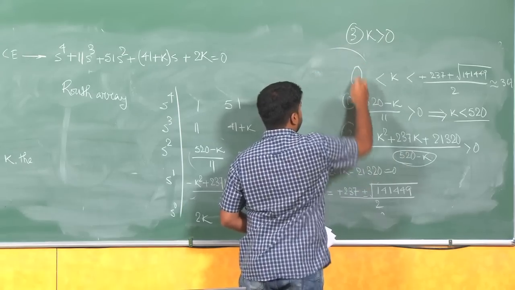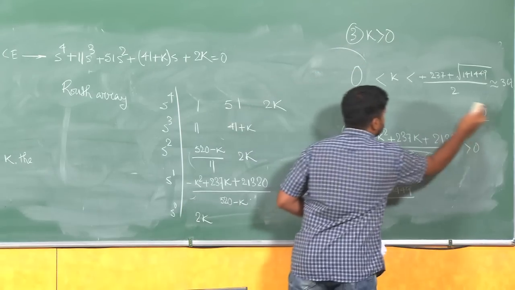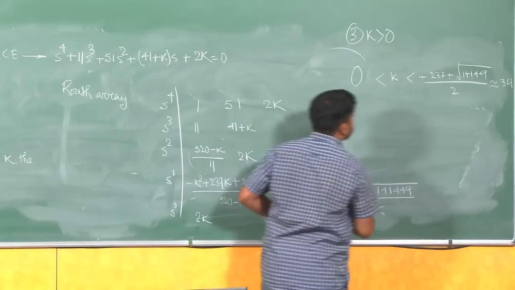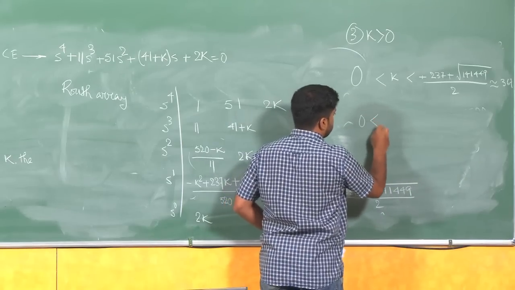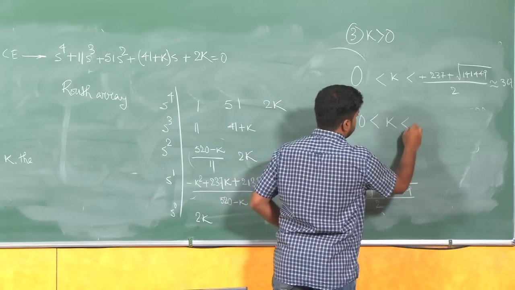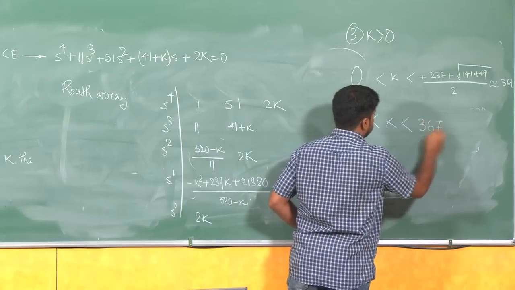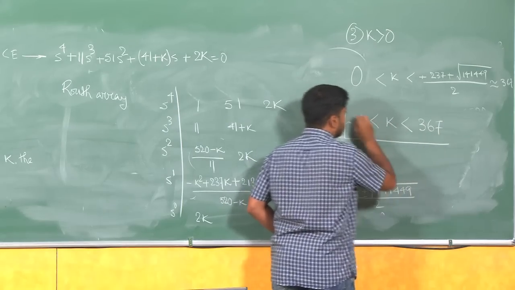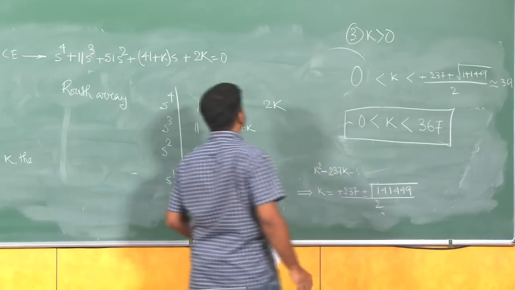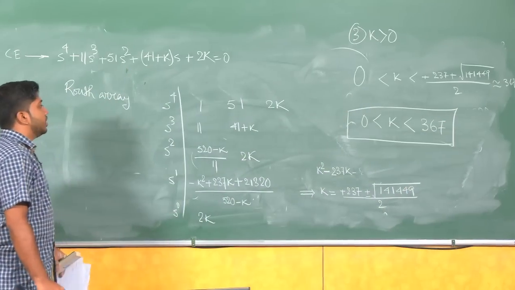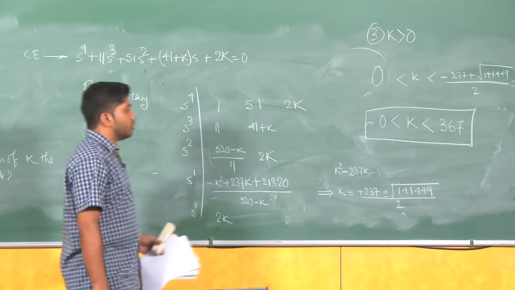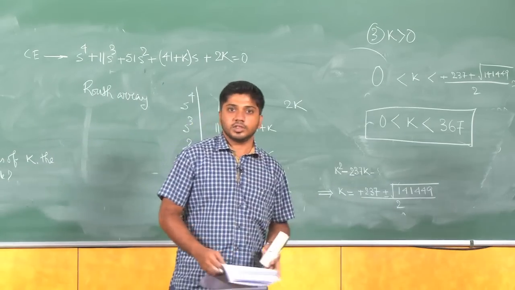The range of k is now 0 less than k less than 367. Within this range the entire closed loop feedback system will be stable. That is it. Thank you.